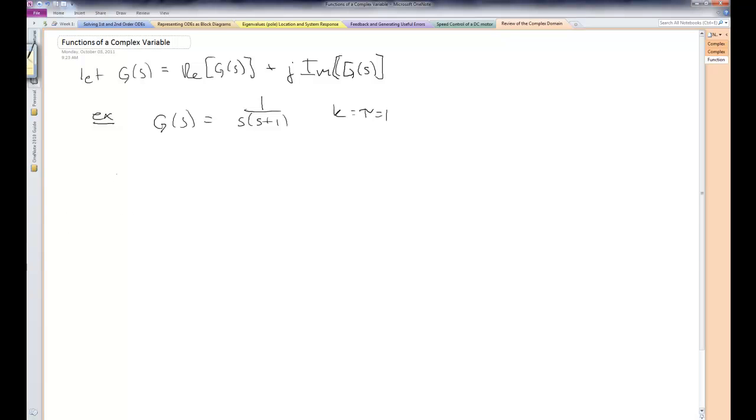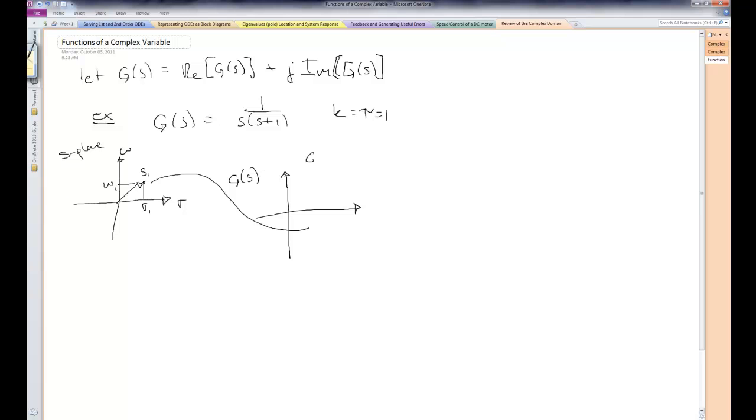So what I can imagine is that there's some s-plane out here, and I would have sigma versus omega, and some point here, s1, which is defined by sigma 1 and omega 1, and that gets mapped through the function g of s into some other complex domain, because this is a complex function.